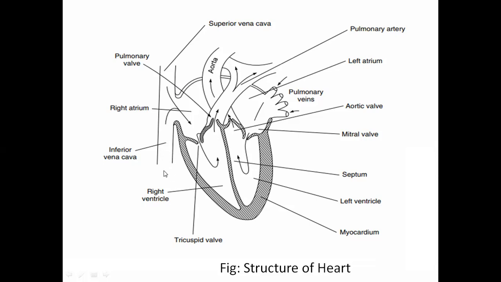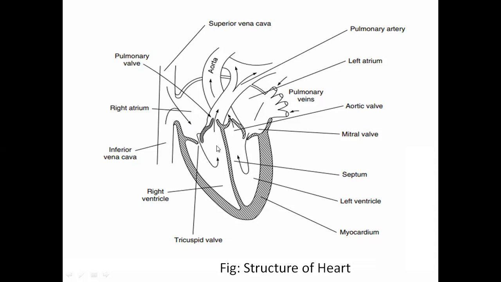The blood will be collected through this, and first of all it fills in the right atrium. When sufficient pressure is built up in the right atrium, the tricuspid valve opens, and due to that, the blood in the right atrium flows to the right ventricle.